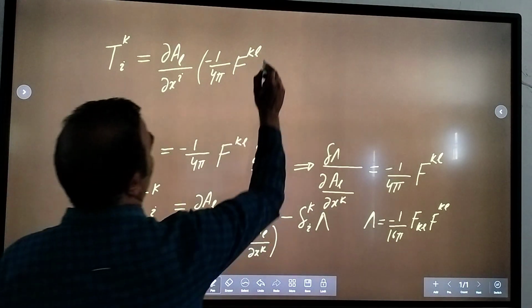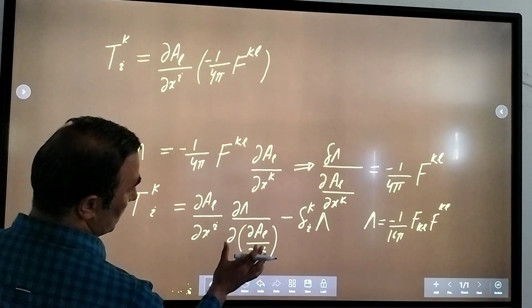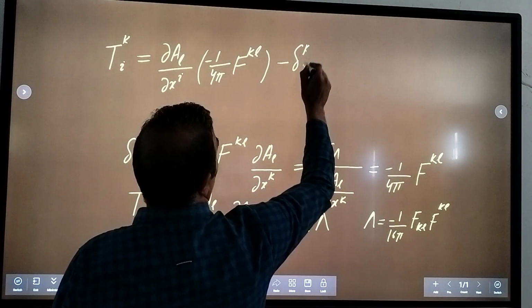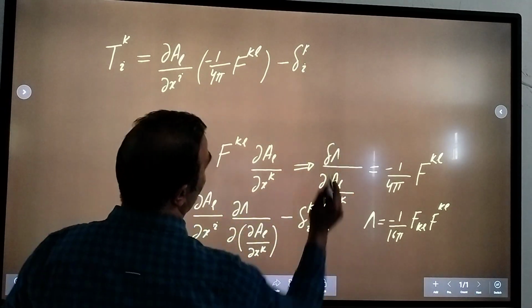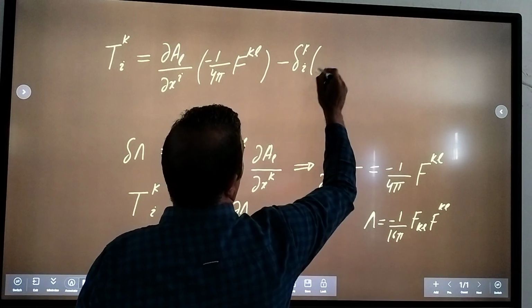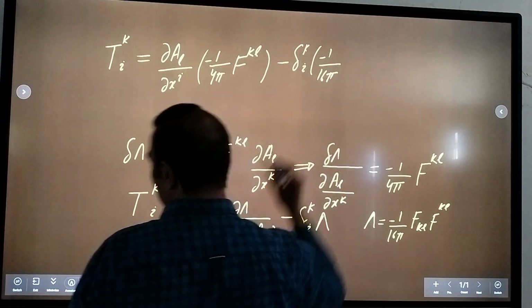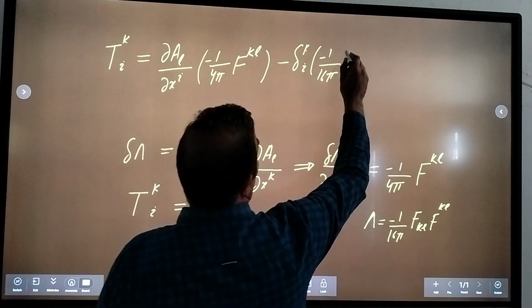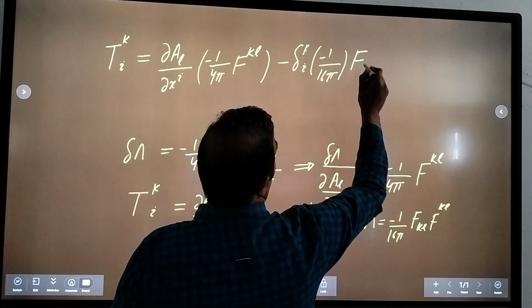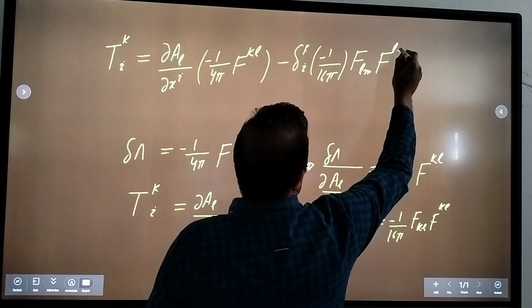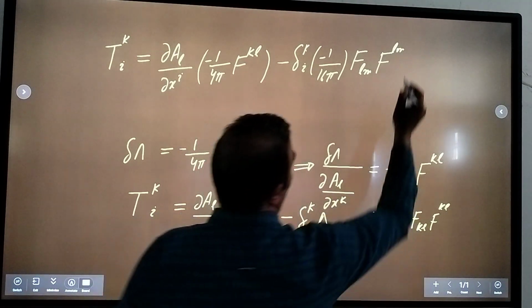Okay, and so this is our first term, minus delta K R, and instead of lambda you use that, minus 1 by 16 pi F L N. Okay.